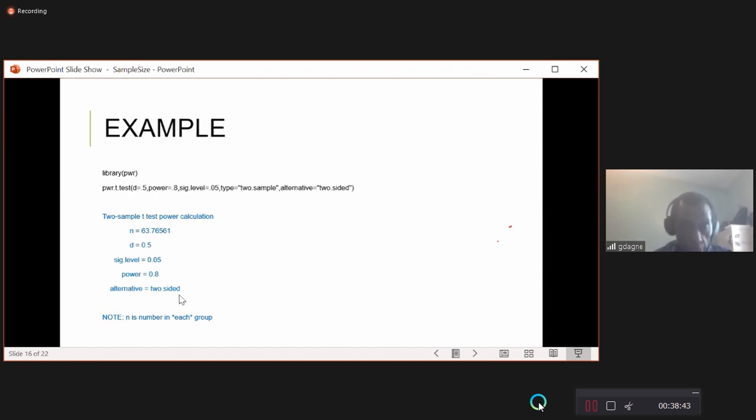This n is the number in each group. So you need 64 individuals in one group and in the other group, for example, in the control and the treatment group, in order to be able to detect a standardized effect size of 0.5 with a power of 80%, two-sided.